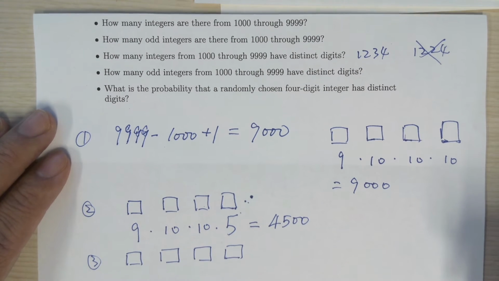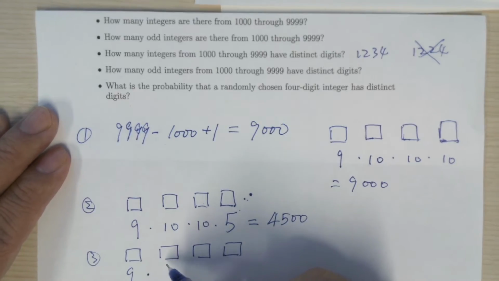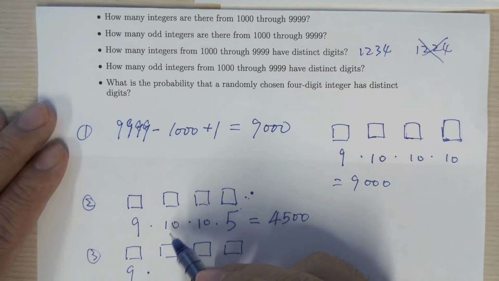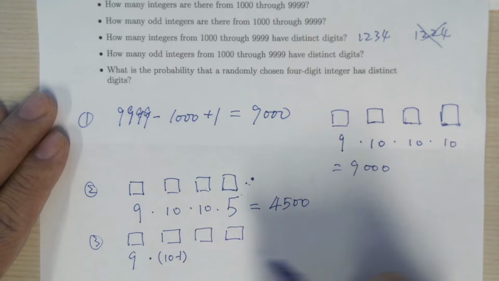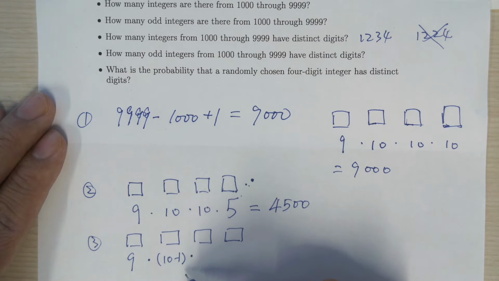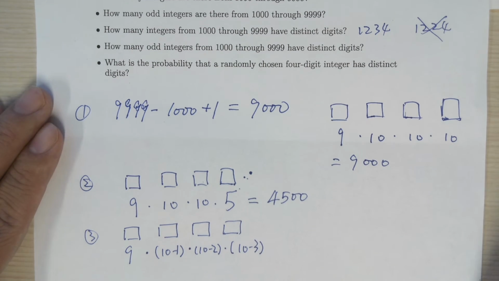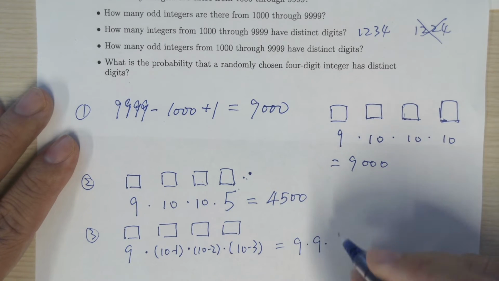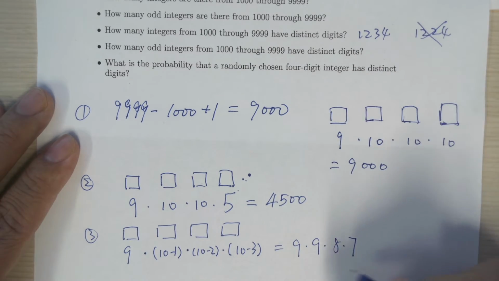If I select one of them here, then noticing that for my second digit, I'm going to have 10 minus 1 selections because here I cannot repeat this one. And then for my third digit, since the first 2 digits are already selected, I'm going to have 10 minus 2, right? And similarly, for the last one, I'm going to have 10 minus 3. So in other words, this is 9 times 9 times 8 times 7.